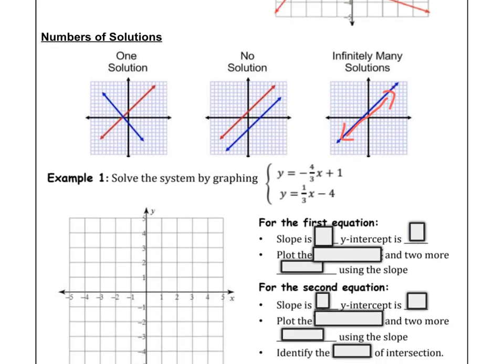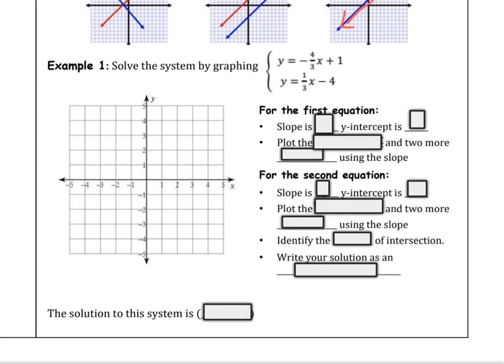Let's take a look at our example here. Solve this system by graphing. As we graph these, you're going to want to remember our equation of a line, y equals mx plus b, where m is the slope and b is the y-intercept. For the first equation, the slope is the m, negative 4/3, and the y-intercept is 1, right there.